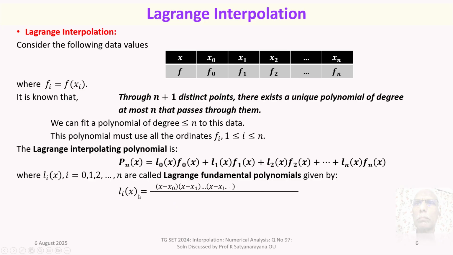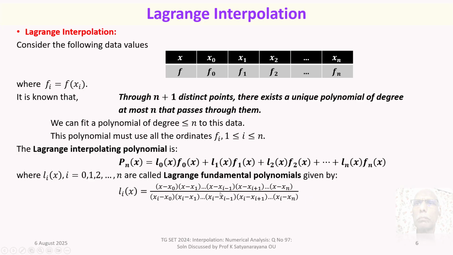Li of x is equal to the product of factors except x minus xi. So, x minus x0, x minus x1, etc., x minus xi minus 1, skip x minus xi, then continue x minus xi plus 1, and so on and so forth, x minus xn.